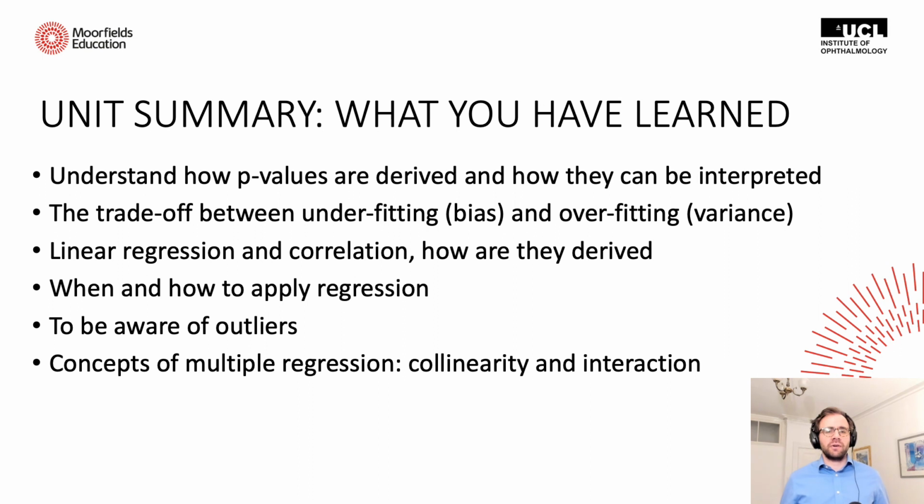Linear regression and correlation, how they're derived. I've shown you the equation of how to derive them univariably, and you don't have to know how to derive them yourselves anyway. You can just use the R programming language for this, but you've understood how they're used, the context, the assumptions that are made, and how you can visualize your data to troubleshoot it and to make sure that the assumptions are not violated.